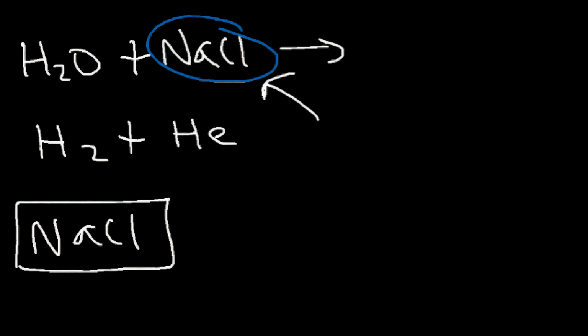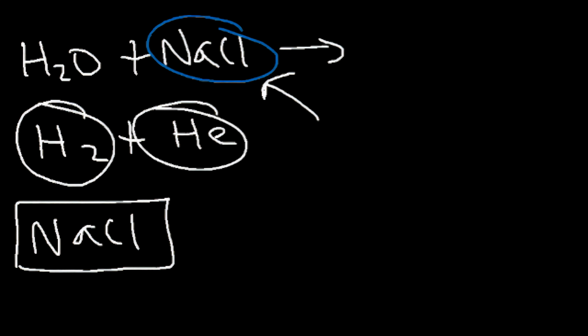So remember, a mixture is simply the combination of two or more pure substances. So individually, H2 is a pure substance, helium is a pure substance, but combined, it's a mixture. So whenever you see this plus, it's going to be a mixture. Now, there's two types of mixtures that you need to be familiar with: homogeneous mixtures and heterogeneous mixtures.